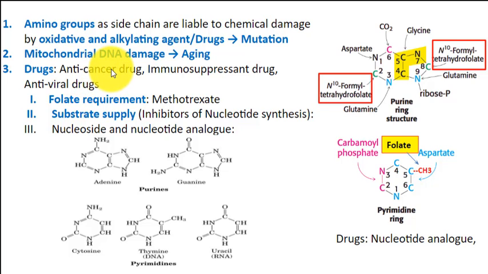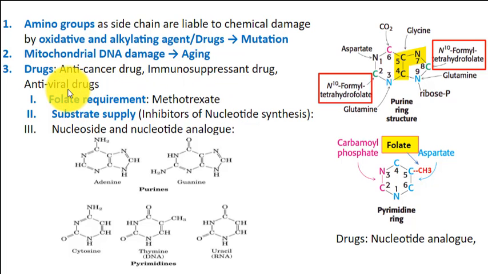Cancer cells will be affected more than normal cells, and we can somehow control cancer. Immunosuppressant drugs work similarly, because for immune reactions, the T cells and B cells need to proliferate. We suppress the proliferation of those cells through drugs that control the synthesis of purine and pyrimidine. We can control immunity, we can suppress immunity.